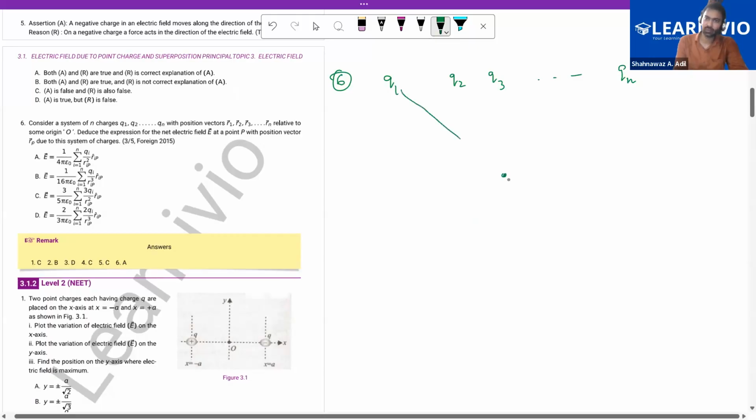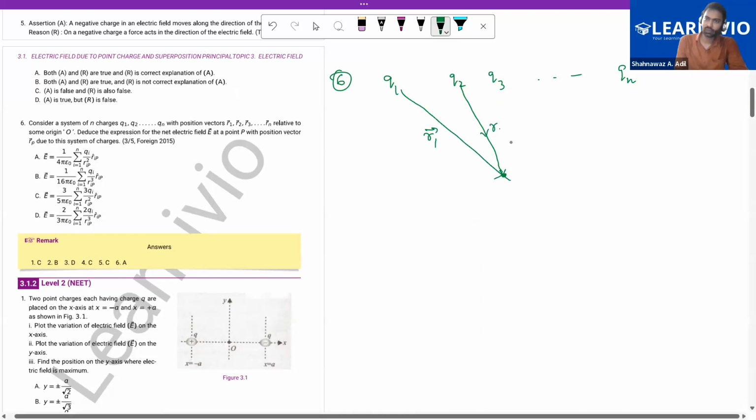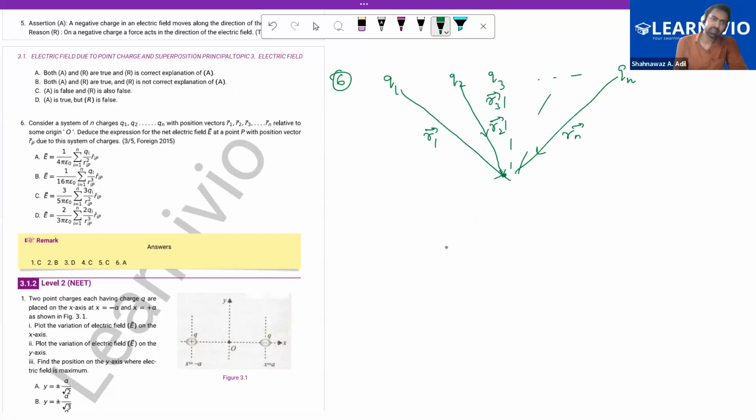So let's say this position vector is R1, and from here to here this one is R2, this one is R3 and so on, right? The last one is Rn, relative to some origin. Deduce the expression for the net electric field at any point P, with position vector RP, due to this system of charges, right? So this thing we have to calculate.